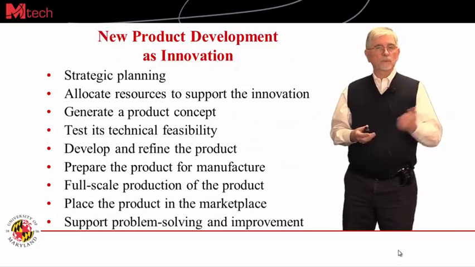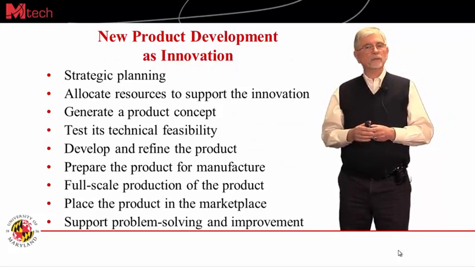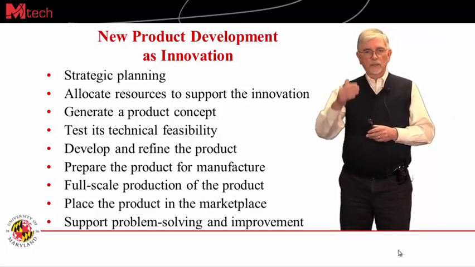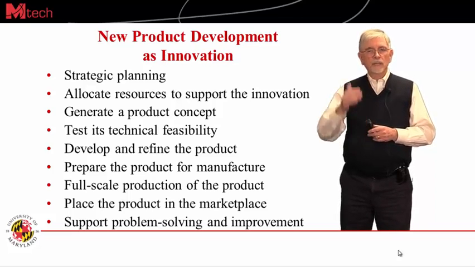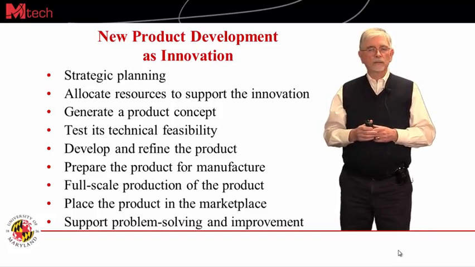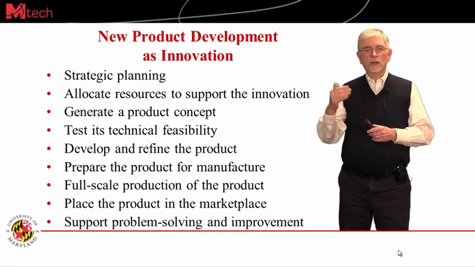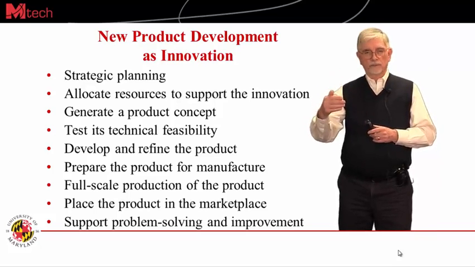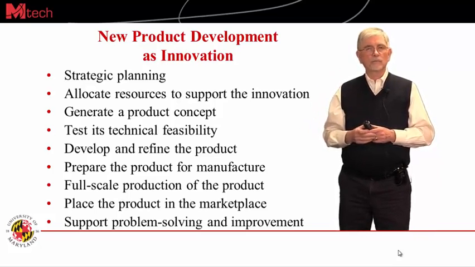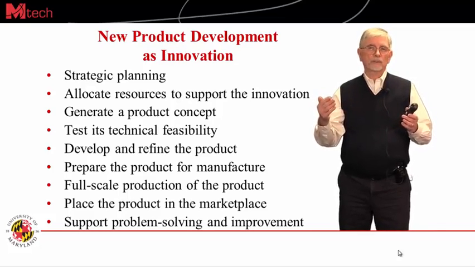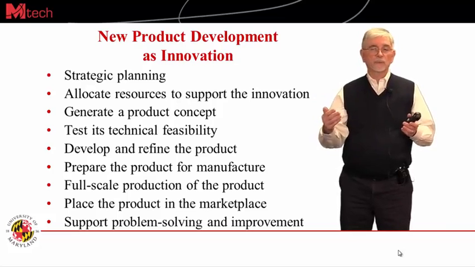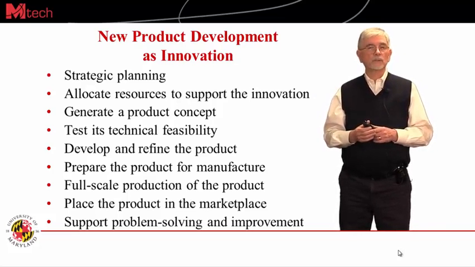So let's first look at new product development as innovation. You can see in this list the steps it takes to run through to ultimately get down to the bottom, which is to support some problem solving and improvement and add value of that new product. The demonstration of whether that new product adds value in the marketplace is whether or not it is being used by lots of people, and ultimately whether it's being sold to lots of people.